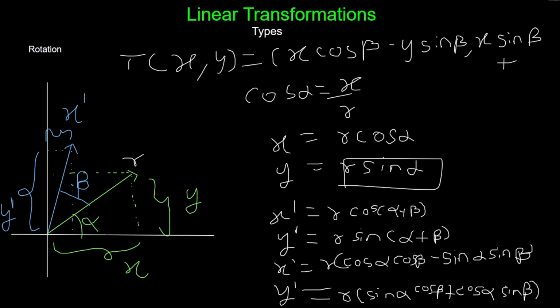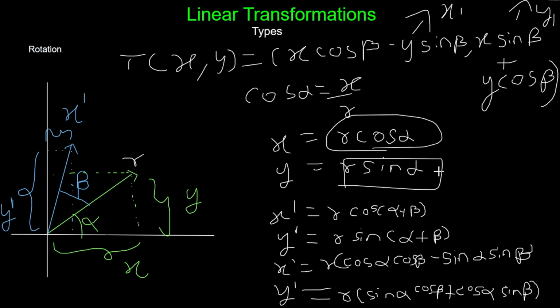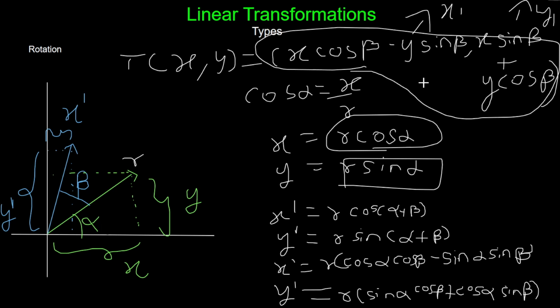Sorry, I don't have space here. So this is the new transformed vector notation, x bar and y bar. We get this by substituting x and y in these two equations. So this is the linear transformation for rotation.